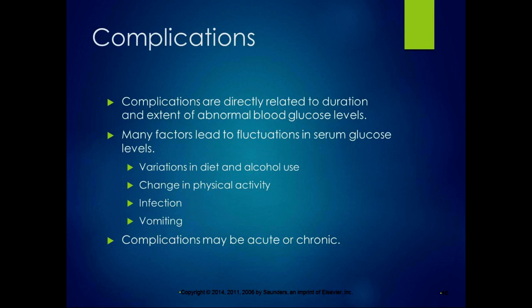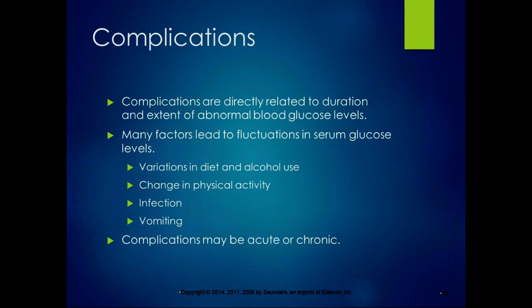So the complications are directly related to the duration and extent of abnormal blood glucose levels. Like I was saying, the A1C is kind of measuring how out of control your glucose is. When it's lower, it means it's more in control, so you do not have as many abnormal levels.